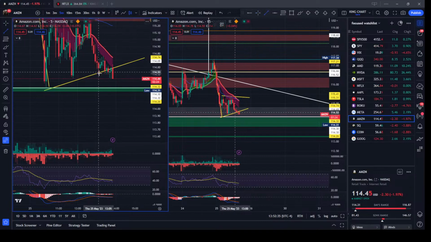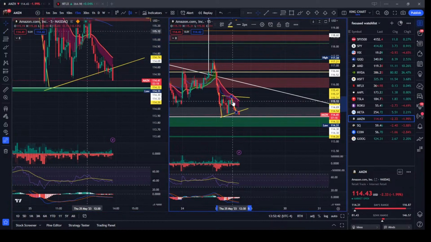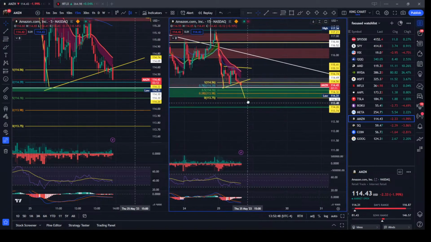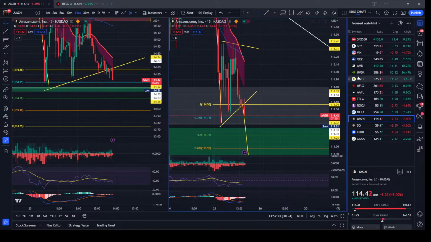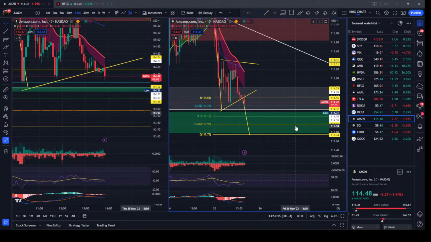If you wanted to trade this one, this overall trend is nice. This is actually bearish. This is a bearish overall trend. Nice.